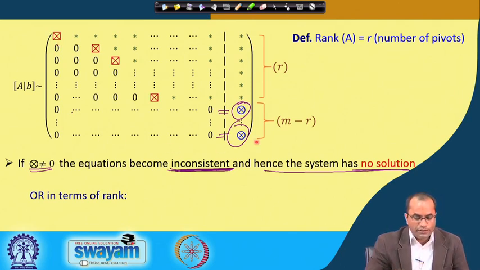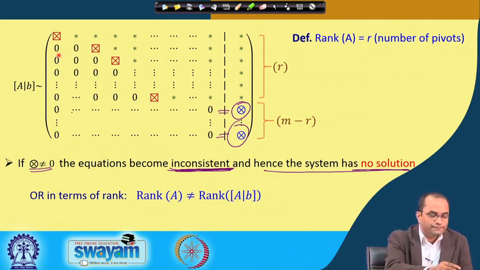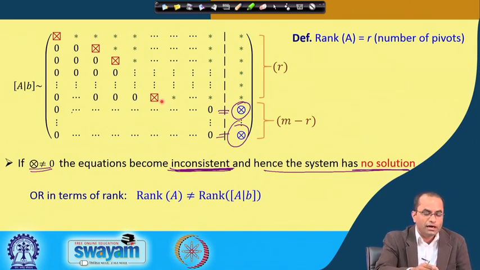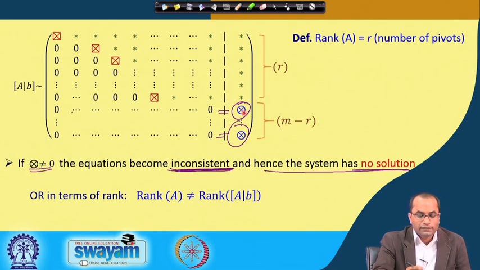So, the point here is the rank in this situation. What is the rank of A? From this matrix, how many pivots are there? There are r pivots. So, the rank of A will be r.